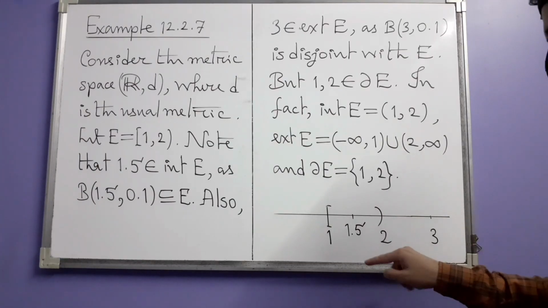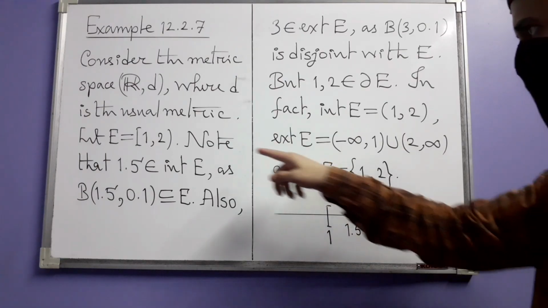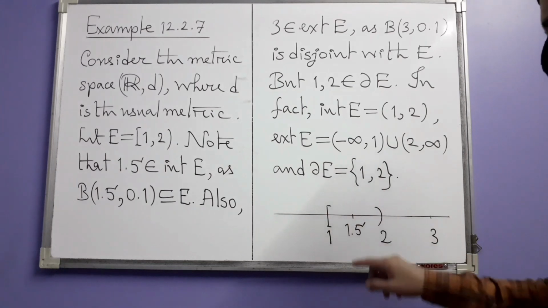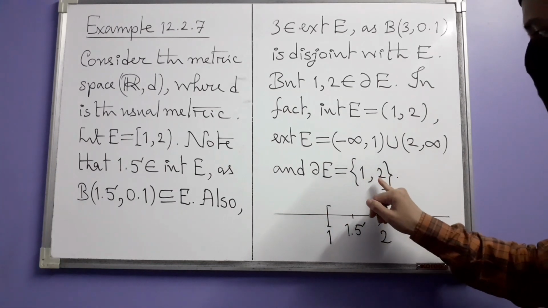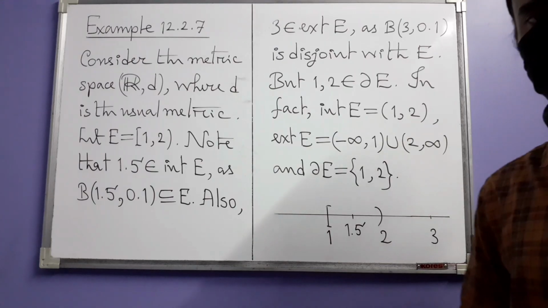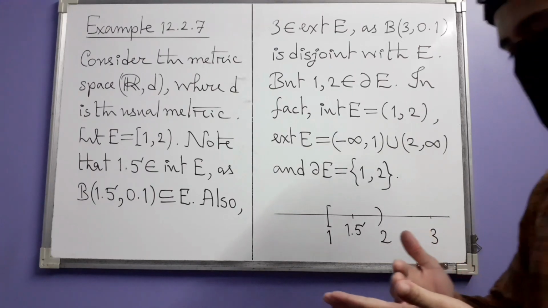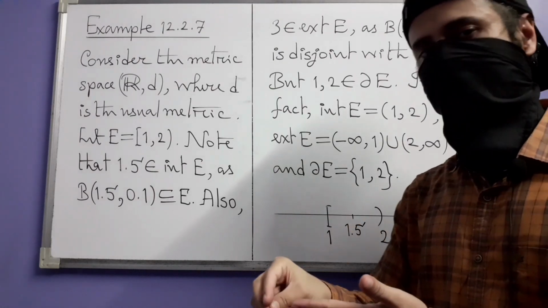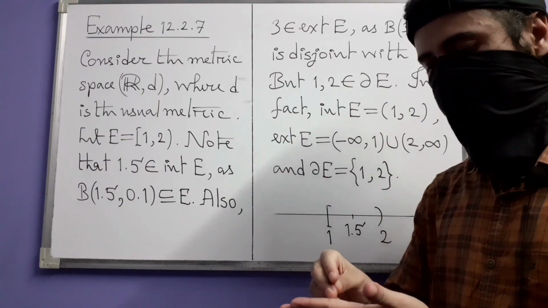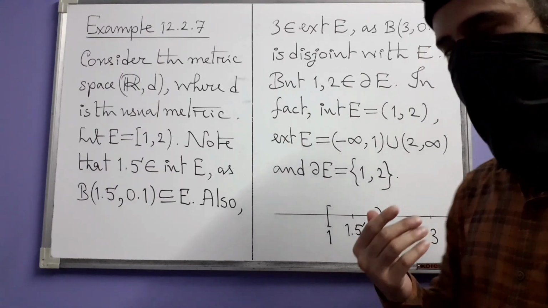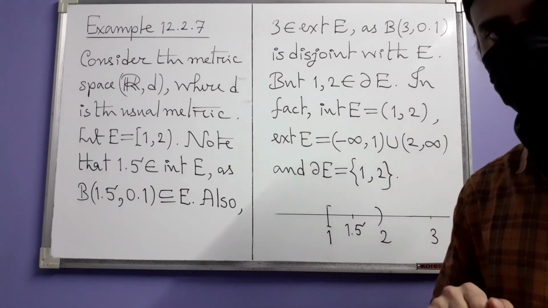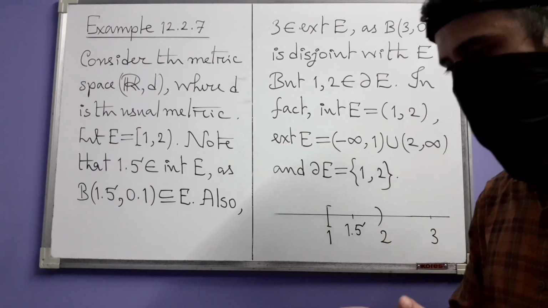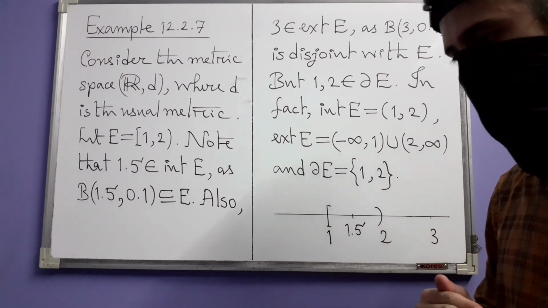Note one more thing, and actually the author has chosen this E deliberately like this. The boundary point 1 belongs to E, but the boundary point 2 does not belong to E. So unlike interior points which will always lie inside E and exterior points which will always lie outside E, the case is not that uniform for boundary points. Some points may lie inside E, some points may lie outside E.